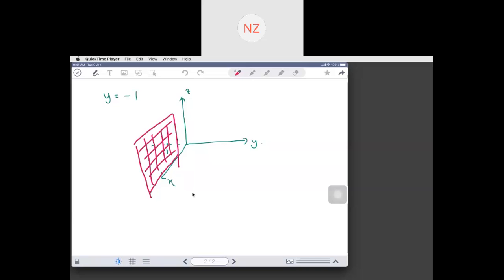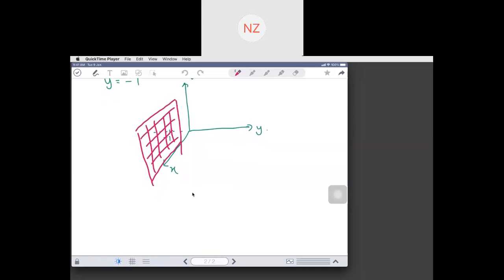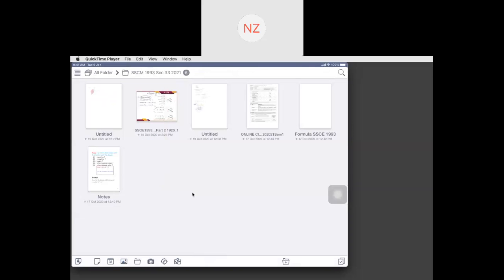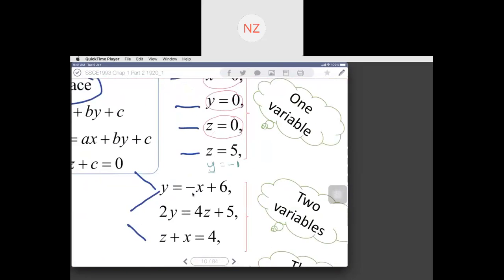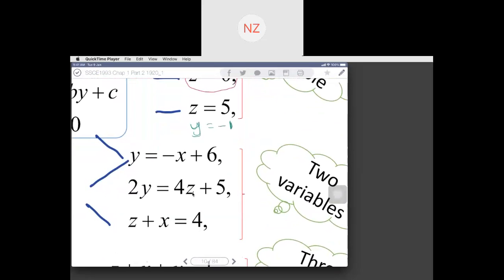So that is the hardest part actually. Okay, but it's okay. We will try our best. So that is for one variable function, which is for me easy to be sketched.